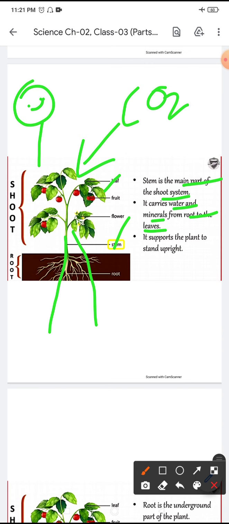So leaves need all these things for the process of photosynthesis. It supports the plant to stand upright. This is a support.